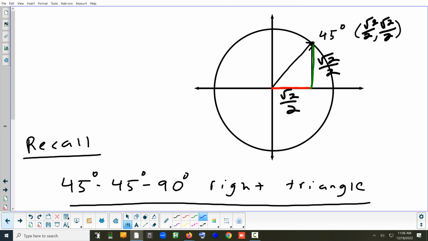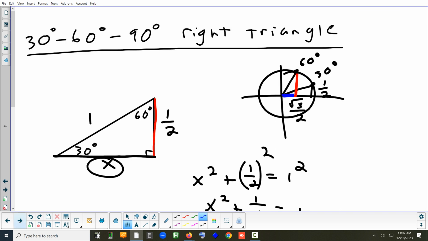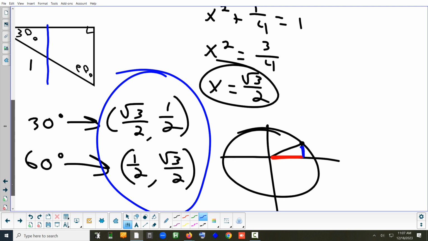And then there's one number to remember here, square root 2/2. If you can remember those three fractions, you can do everything with the unit circle trick. Root 2/2, root 3/2, and 1/2. Remember the root 2/2 is with the 45, and the root 3/2 and the half are with the 30s and 60s.